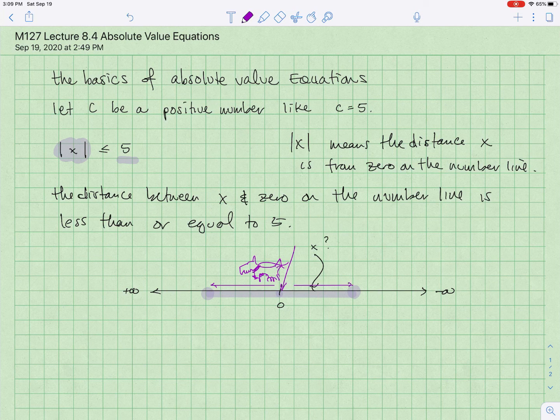So if the absolute value of x equals 5, then x can be equal to plus or minus 5. And that's as far as the dog can sort of range in either direction. X equals 5, x equals negative 5. But you don't have to use up all of that leash.